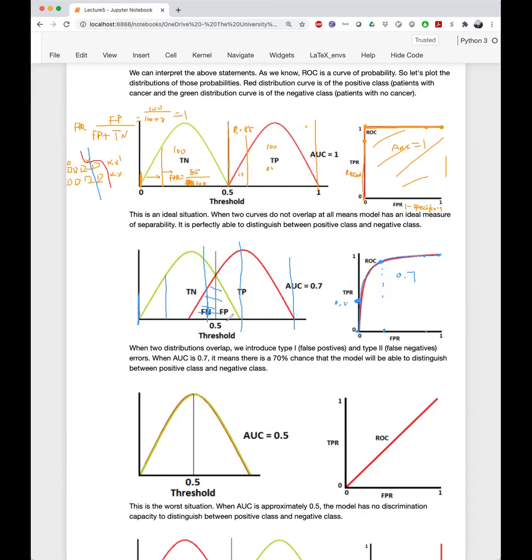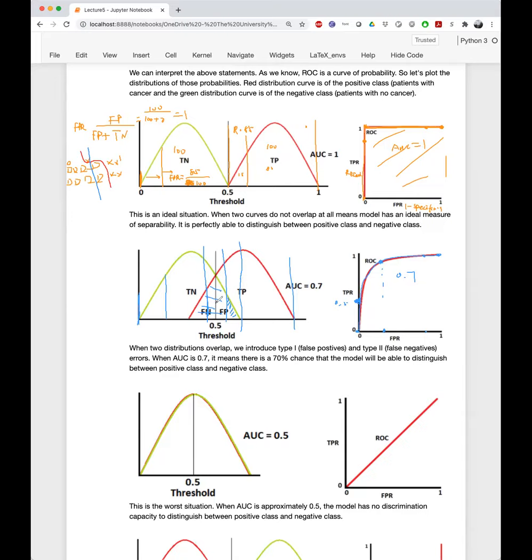For example, if our threshold is here, these cases will be predicted as positive, but they are actually not positive. So these cases will not be correctly distinguished. So this is the second case, but it's not too bad. The overlap is not that large.